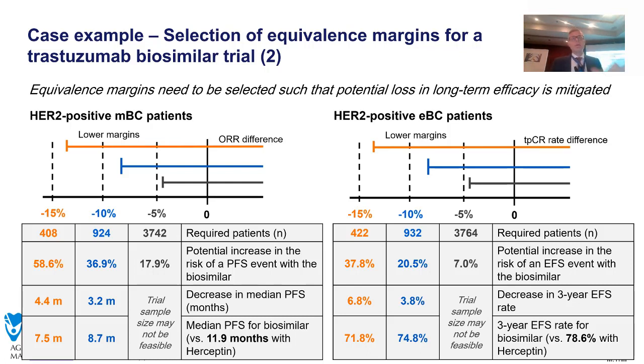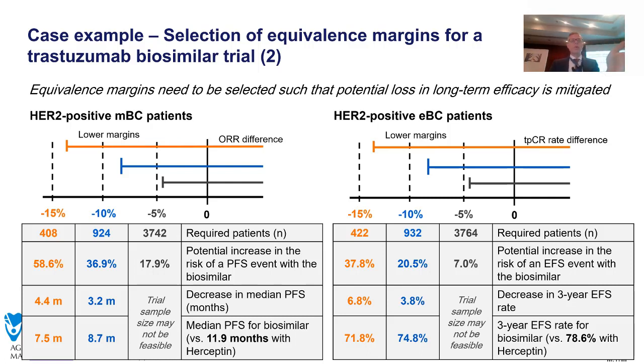But the higher the potential increase with the risk of a progression-free survival event is in the end in a metastatic setting, and for event-free survival in the adjuvant or neoadjuvant setting. So that means having a lower margin of minus 15%, well, it can increase the failure rate in the end.